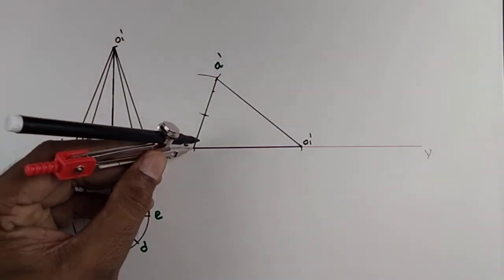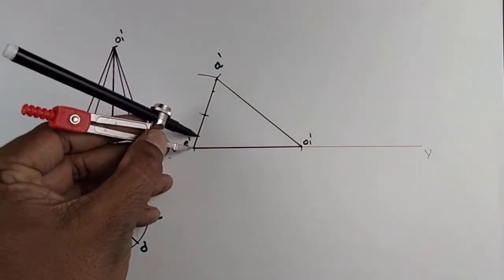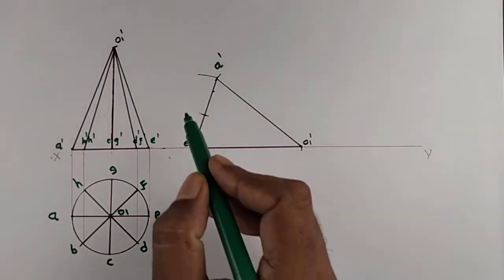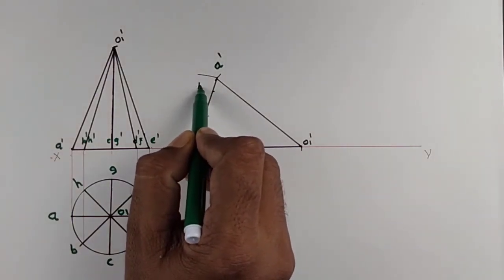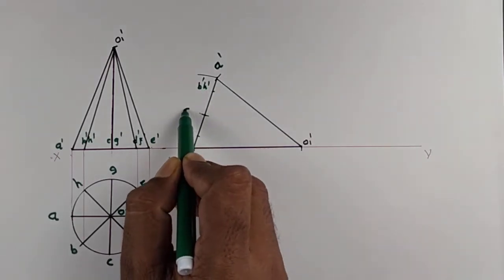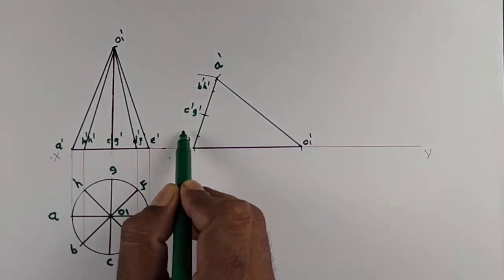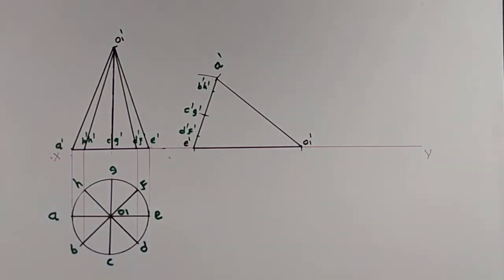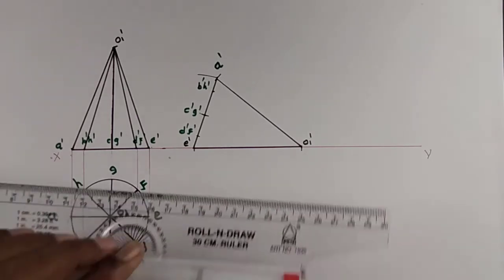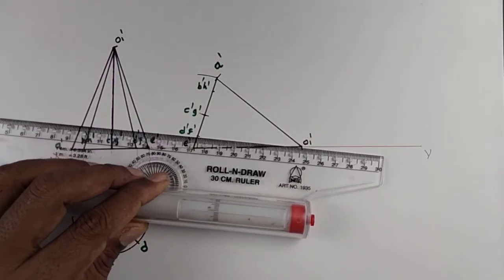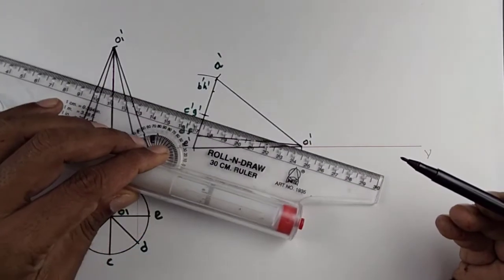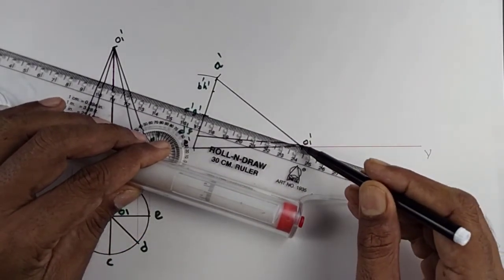Similarly from E dash, with the same radius, you can mark D dash F dash. So this is our B dash H dash, this is our C dash G dash, this is your D dash F dash. You can join them with the apex and show the position of all generators, all as full dark lines.